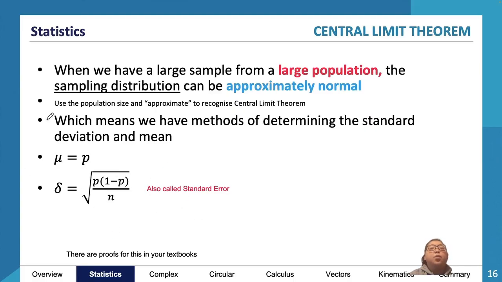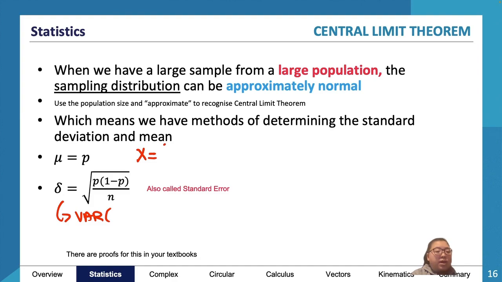And why this is essentially because if you think of what variance is, right, the value you're going to be looking for is your population proportion.